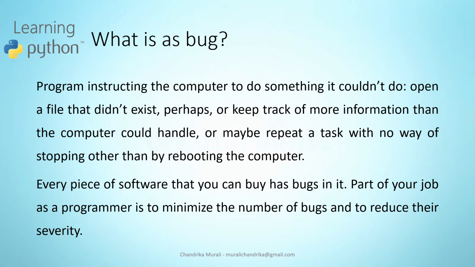Either there is a bug and they want to remove that bug, for that they've given the update, or they have added some additional features to the application. In most cases, it is the bug because of which the updates are released. So as a programmer, when you're writing a program, we have to keep in mind to minimize the number of bugs, and the severity of the bugs should be very minimal.